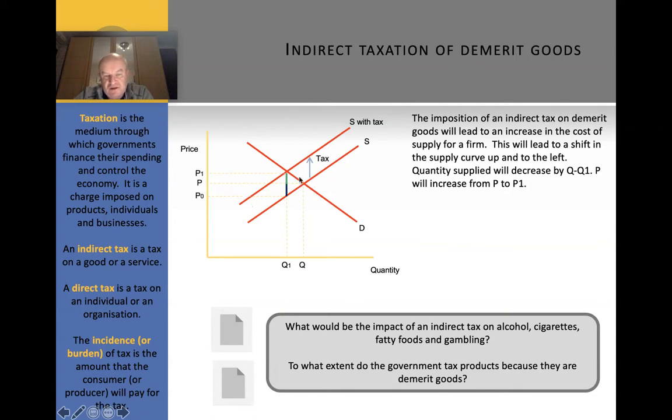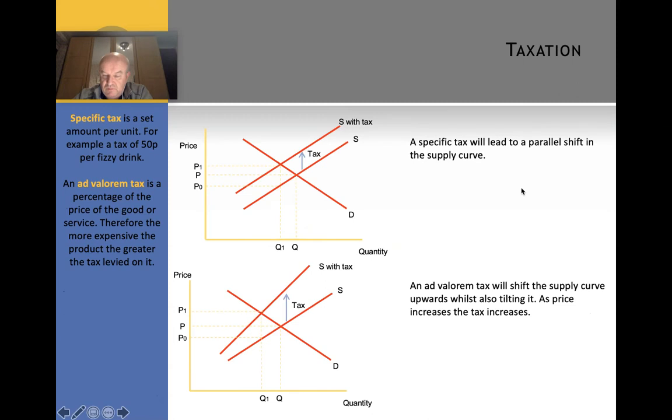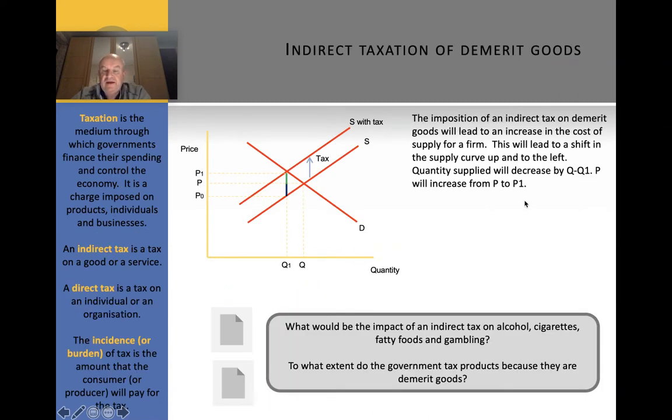As you can see, we've moved the supply curve up to the left, and as a result we have a new market equilibrium where a lower quantity is being provided, and the price is at a higher level. So we should see two things. One is the quantity supplied. Sorry, let's go back one. And in that instance, clearly the price has also increased.